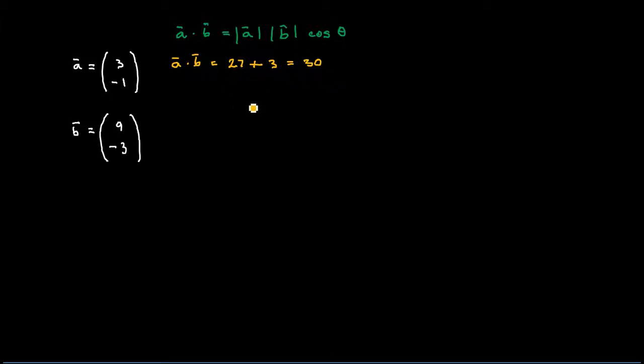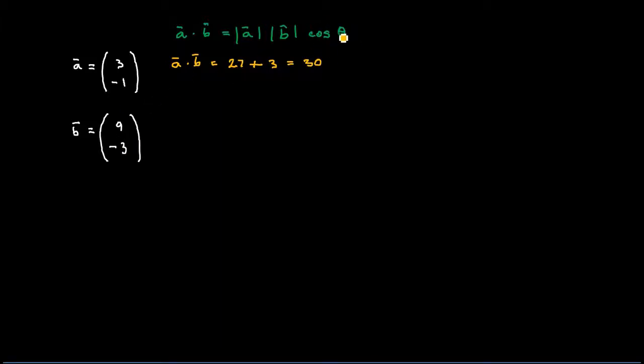Now, I'm going to just think about this before I do the next part of the calculation so that you can understand what it is that is so useful about this little formula. And that is, I'm going to rearrange it. So I want to find the angle, because the angle, which we're calling theta, between these two vectors is going to be 0 if they're parallel. So if the angle is 0, what's cos theta going to be? What's cos of 0?